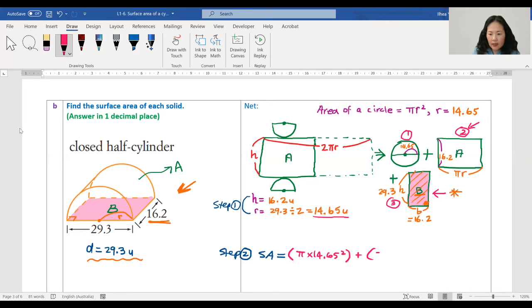So pi times r is 14.65 times h is 16.2, plus my cover, the shape B, the pink shape, is just base times height, which is the 16.2 times 29.3.